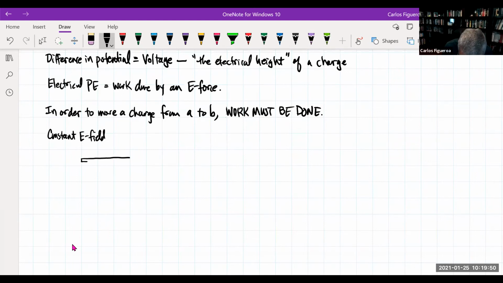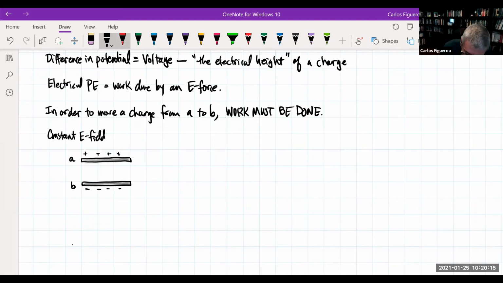So if I have really, really big parallel plates, right? So if these are my parallel plates right here, and let's say this is my positive and this is my negative plate, I'm going to call this plate A and this plate B.